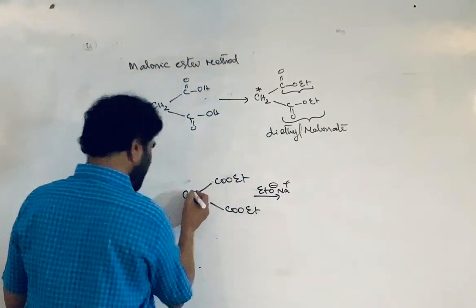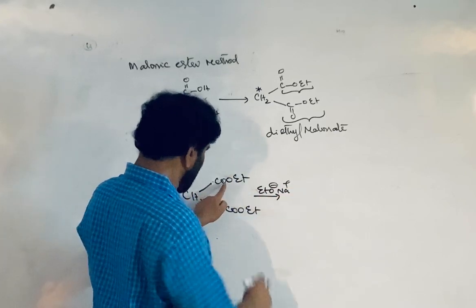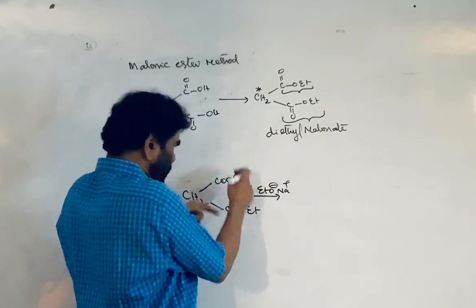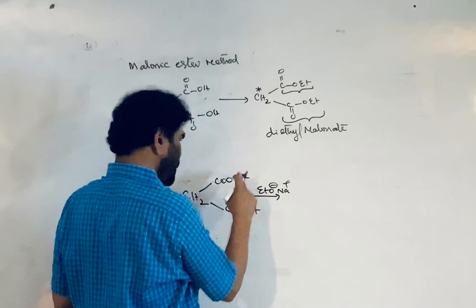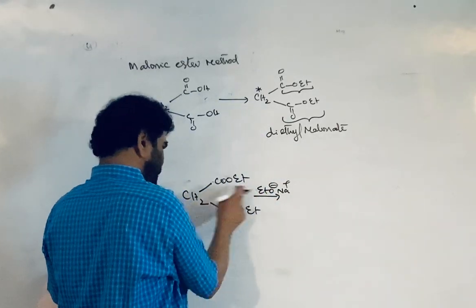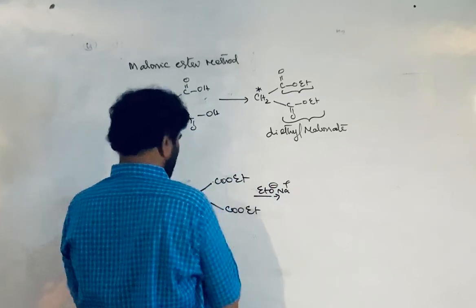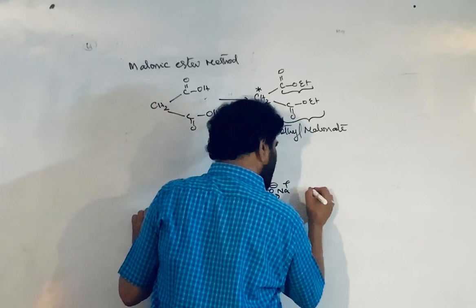This is acidic. And why is ethoxide used? Because hydroxide can attack here also, and one ester is converted to another ester, or carboxylic acid to carboxylic acid, if you use sodium hydroxide. So that's why ethoxide is used. Trans-esterification is not possible.